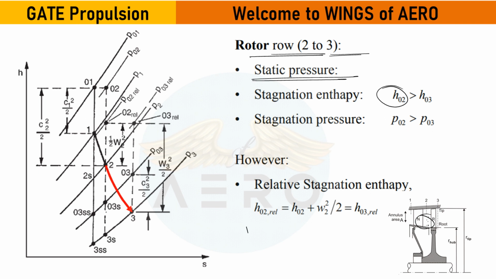That means to draw for 1, 2 and 3, for all the respective points. 1 is the entrance of the nozzle, 2 is the exit of the nozzle or the entrance of the rotor, 3 is the exit of the rotor. So what you have seen previously, H01 is equal to H02, and here H02 is greater than H03.